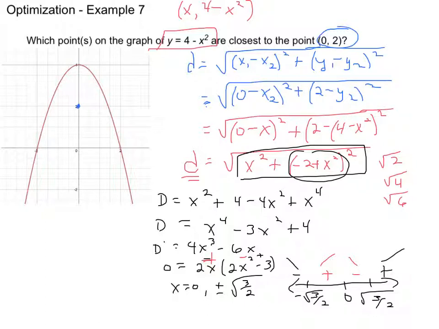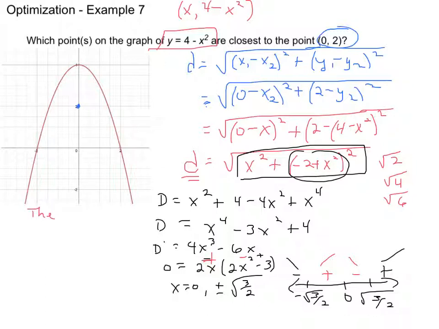So what we see is that we have a relative max at 0, and the mins are going to be at negative square root of 3 over 2 and positive square root of 3 over 2. And that's the distance that's being minimized there.